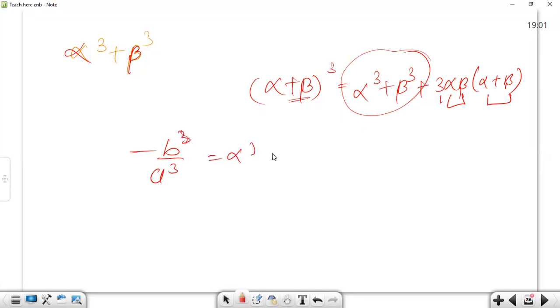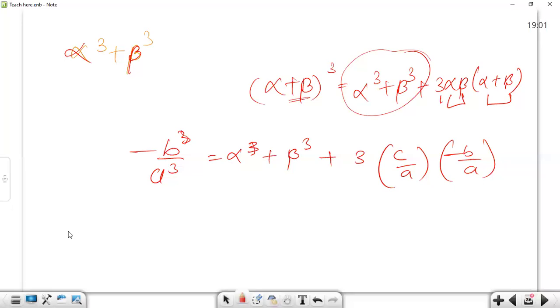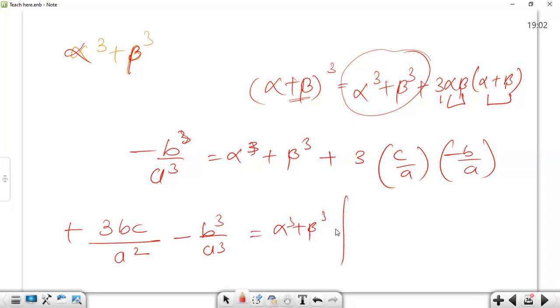And this we have to find out. Plus 3 alpha beta is what? C by a. Alpha plus beta is what? Minus b by a. So bringing this to the left hand side, this is already minus, so it will become positive. 3bc upon a square minus b cube upon a cube is equal to alpha cube plus beta cube.